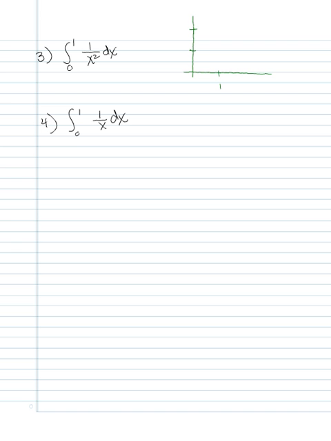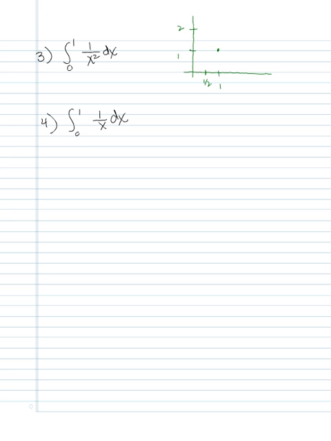So here's 1, here's 1, here's 2, and 1 over x squared is 1 when x is 1. When x is 1/2, then 1 over x squared is actually 4, and it's way up there.